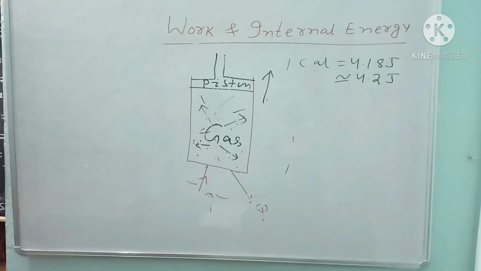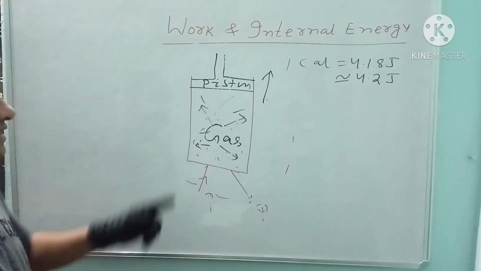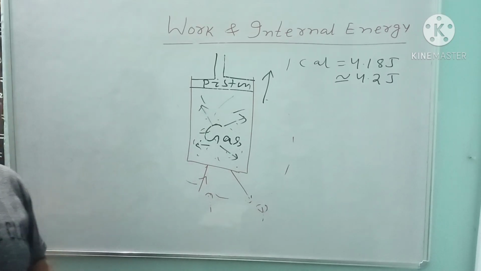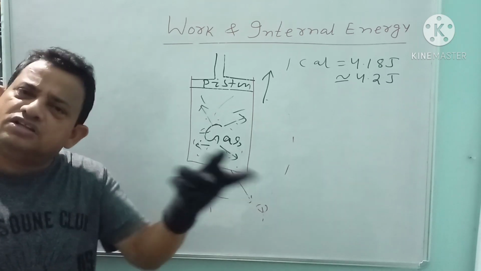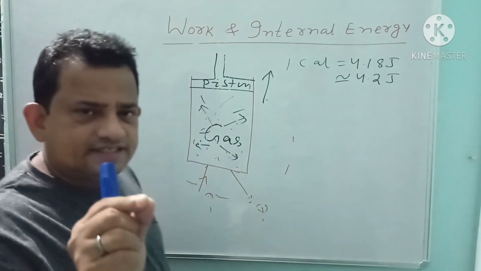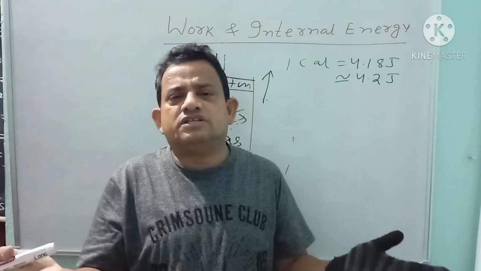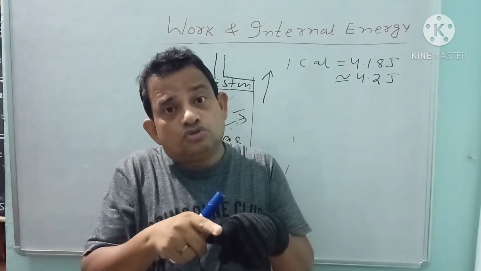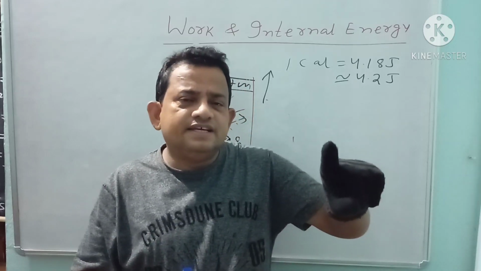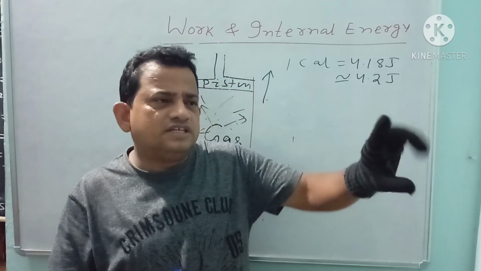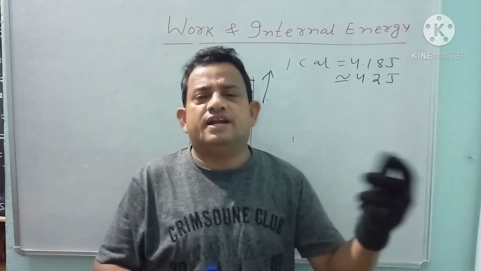Okay, students? But what is work? How can you differentiate it from heat? In this case, you see, work is also a transfer of energy. Heat is transfer of energy. Work is also transfer of energy. But heat is transfer of energy due to temperature difference.